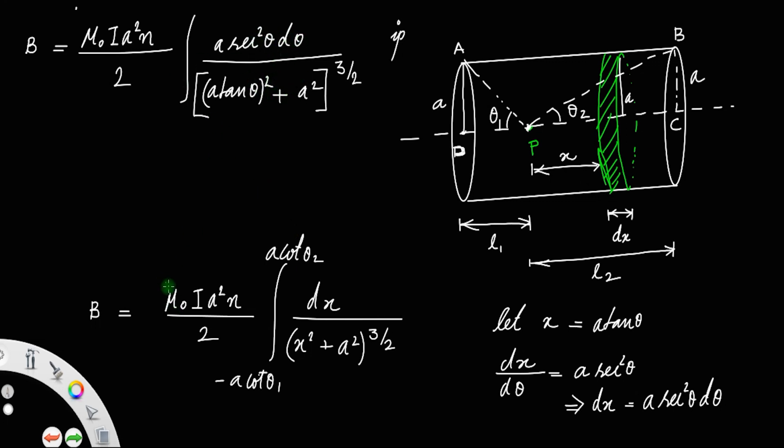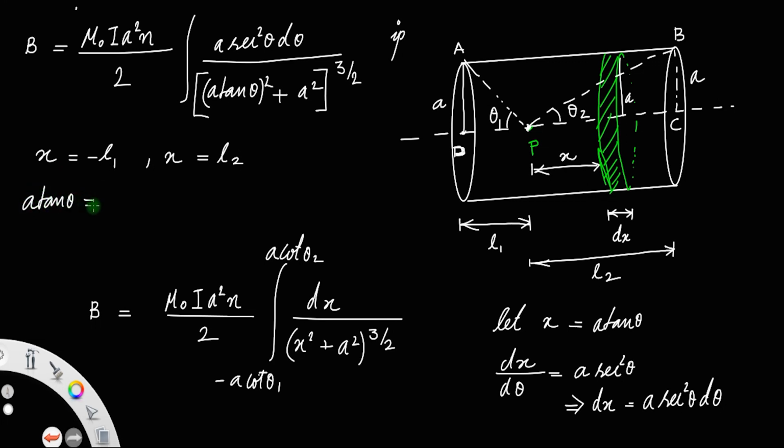We have two conditions: when x is equal to minus L1, since we take this point P as origin, anything left of P is taken as negative, and when x is L2. We already know x is equal to a tan theta.